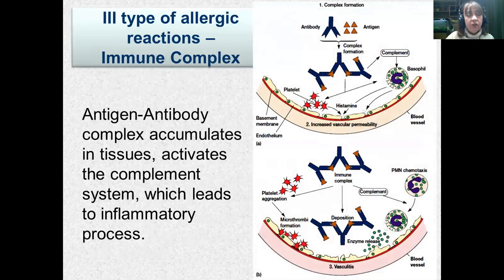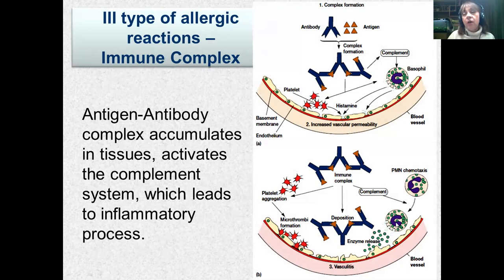The third type of allergic reaction is immune complex. Small soluble antigens and antibodies of classes M and G participate in it. They produce immune complexes. They're too small to be phagocytized. And there's an accumulation of these immune complexes in the blood vessels, in kidneys, in skin, in lymph nodes. The immune complexes cause activation of the complement system, and active subfractions attract neutrophils and basophils.